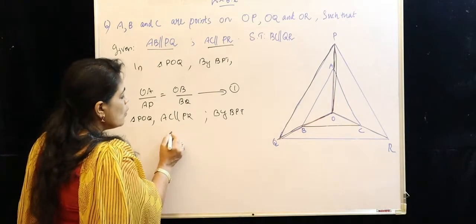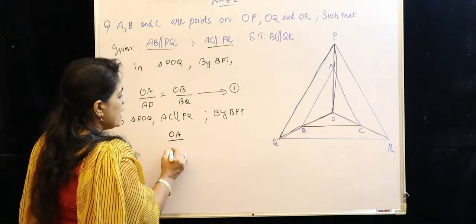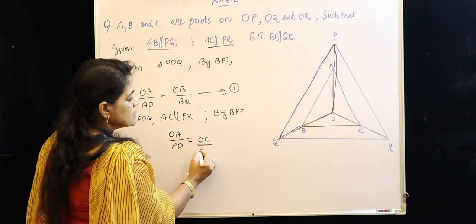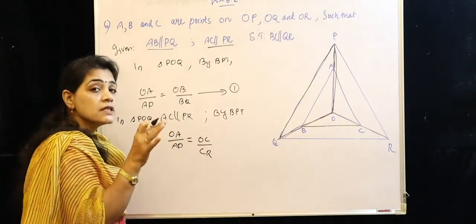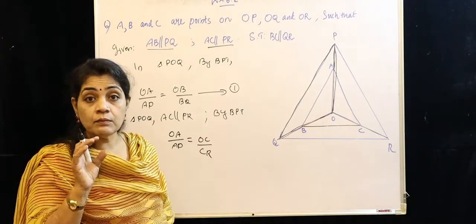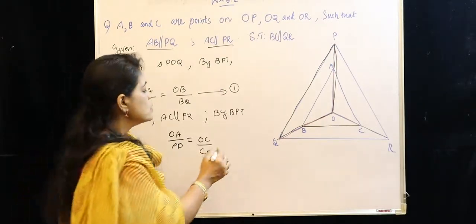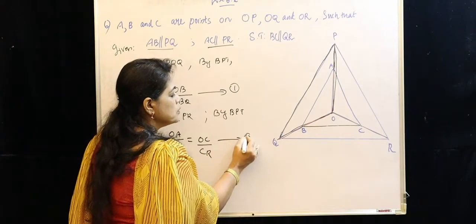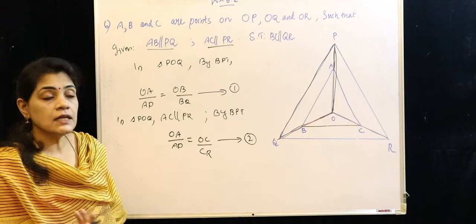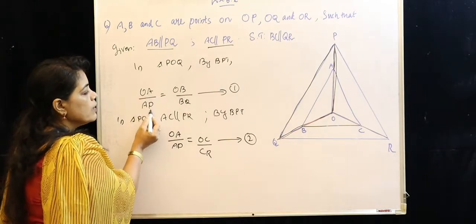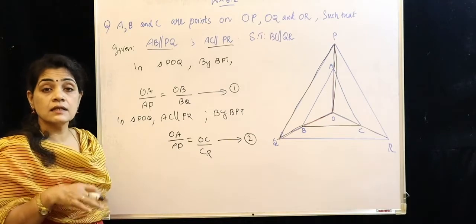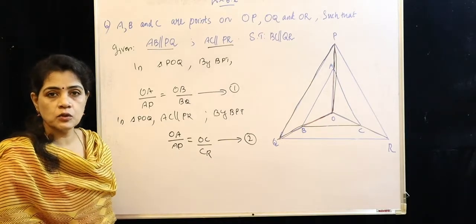That is OA by AP equal to OC by CR. The other two sides are divided in the same ratio by basic proportionality theorem. So, this can be equation number 2. See, look into these two equations, children. You can see that in both equations we have OA by AP, that means one side is the same, so you can equate the other two sides.